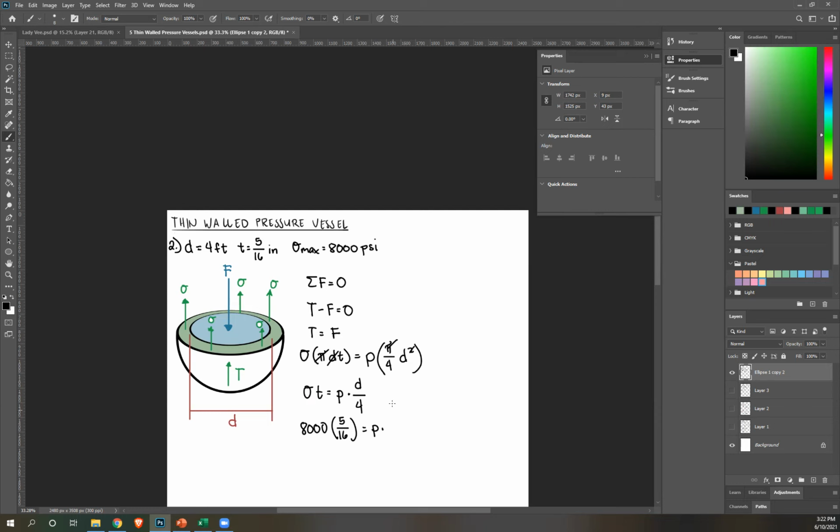So P times, that is 4 feet. Conversion, 1 foot equals 12 inches, right? Over 4, feet will cancel out, we're left with inches. So please solve. What is P?